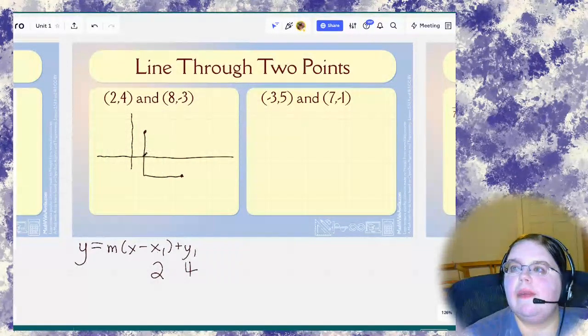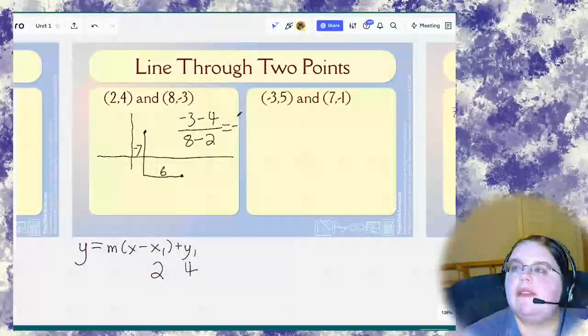So we've got a rise of negative, let me double check that, 7, and a run of 6. And you can calculate that numerically rather than graphically by saying negative 3 minus 4 over 8 minus 2. And again, that's going to give us negative 7/6.